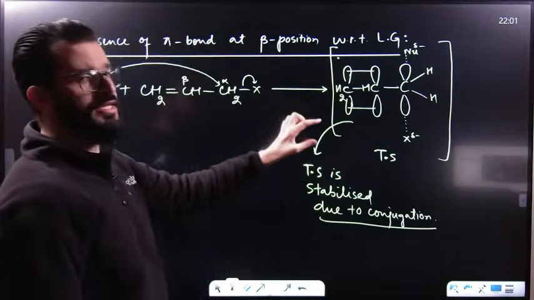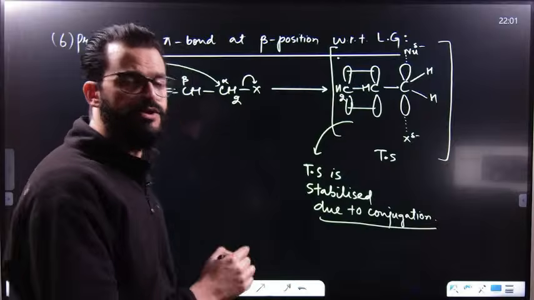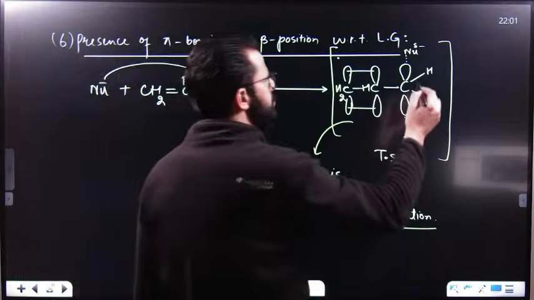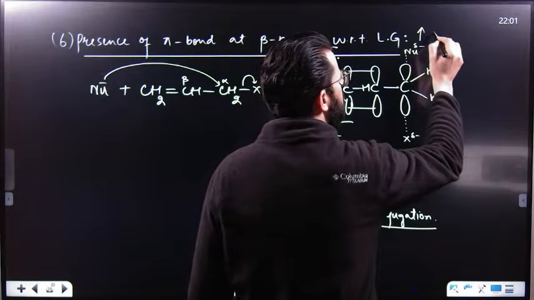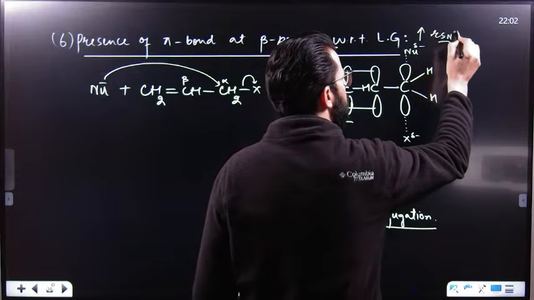If the transition state is stable, we know the rate of SN2 is directly proportional to the stability of the transition state. So remember, this condition increases the rate of SN2 reaction.